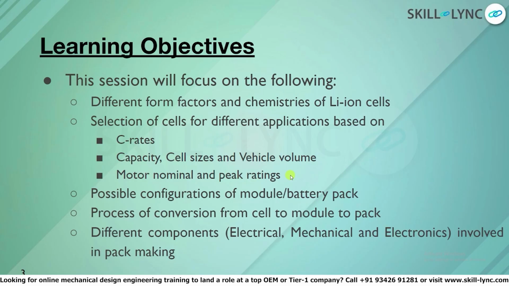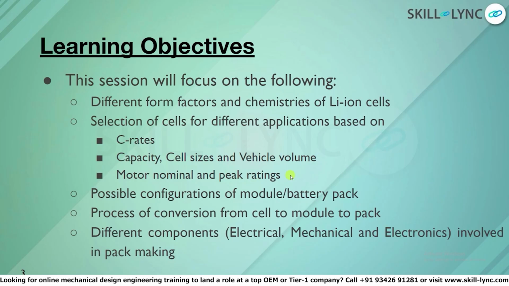We have an EV which is working at 1C or 0.5C, etc. So this is something which we hear quite often. So we'll understand what are the C rates, and then we'll also understand what are the capacities of the cells, packs, modules, what are the cell sizes available in terms of dimension, in terms of capacity, etc.